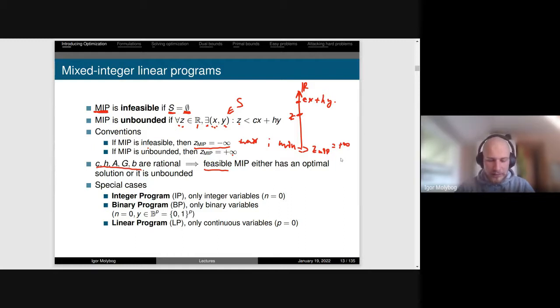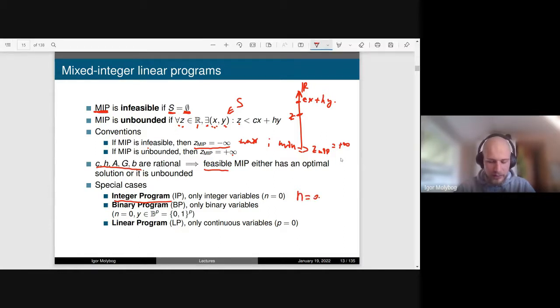The very interesting special cases of mixed integer problems are the integer program that we have discussed before. You just assume that n is equal to 0.